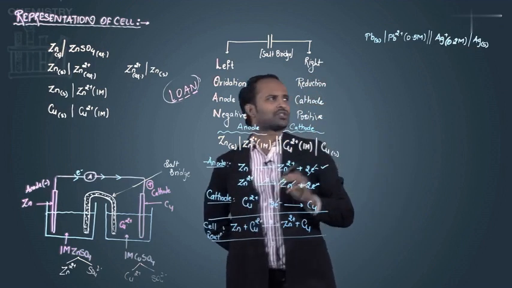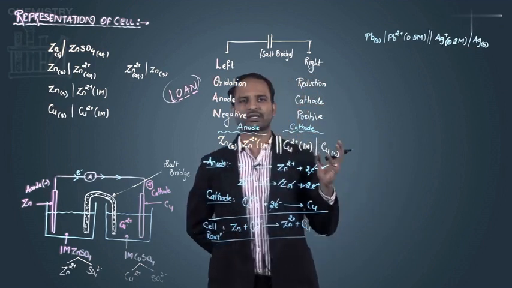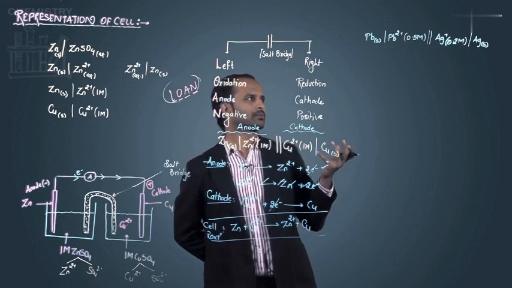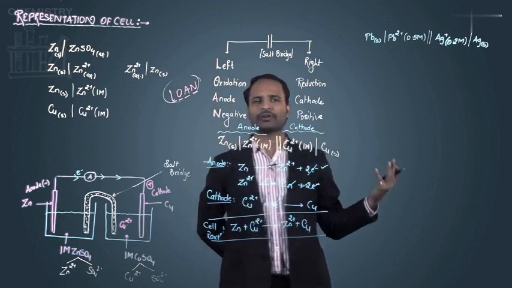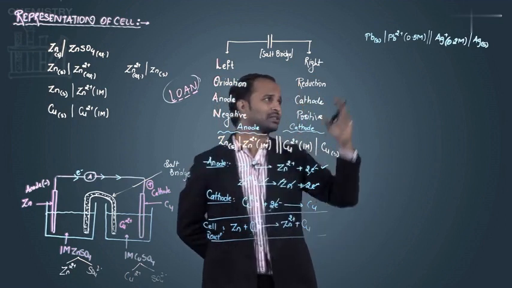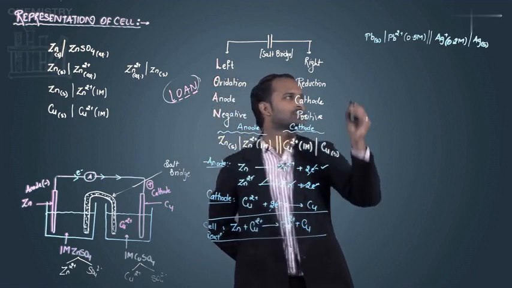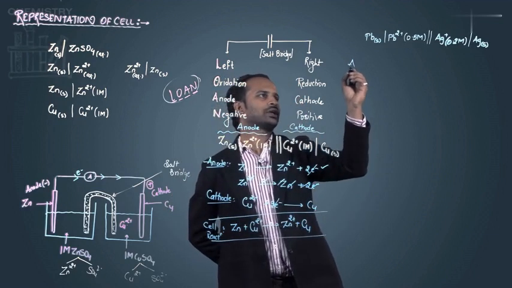Another cell representation, we have to write the reaction which is taking place in it. So let's see the anode and cathode.